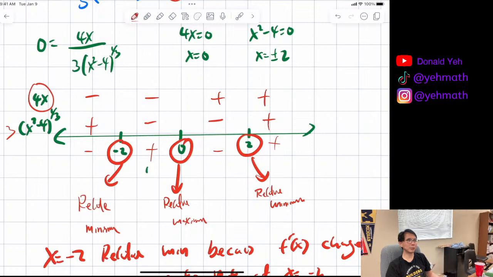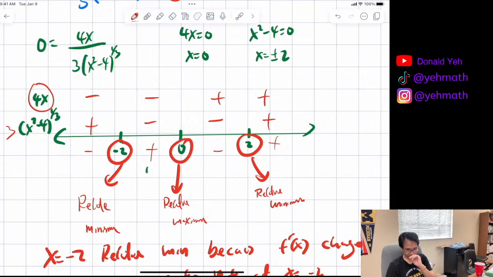But to find absolute min and max from the very beginning, you just evaluate the endpoints and the critical numbers, and compare which one's higher and which one's lower. You don't really care about increasing or decreasing. You'll get a better idea if you know that, but it's not needed, because absolute max and min can only occur at a critical number or endpoint. Therefore, just evaluate and see what happens.